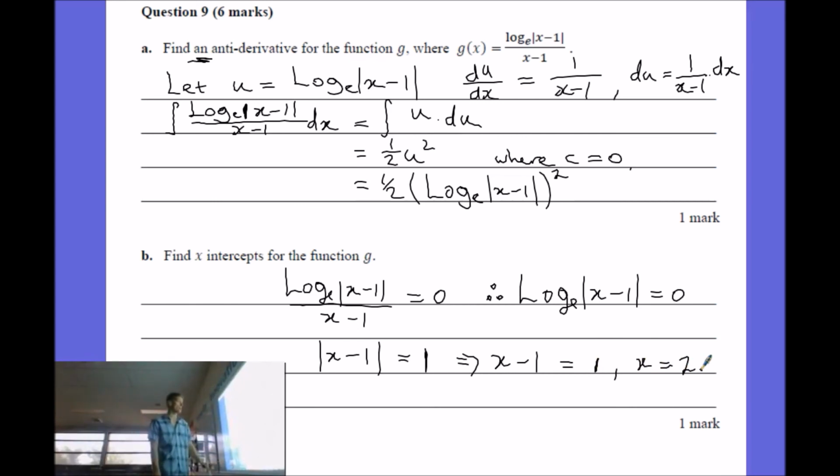But at the same time, what about when the x minus 1 is negative overall? Well, in that situation, the modulus gives you the negative of it, like so. And that is equal to 1. So now what does x equal? It's going to go to a 0.